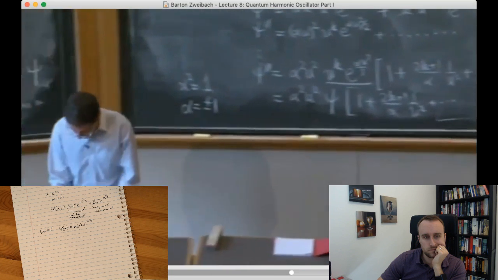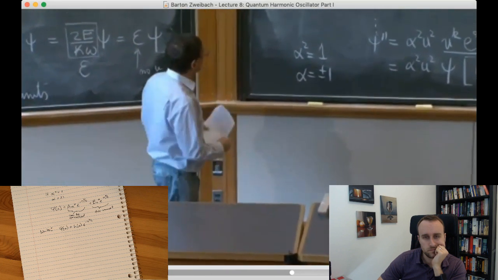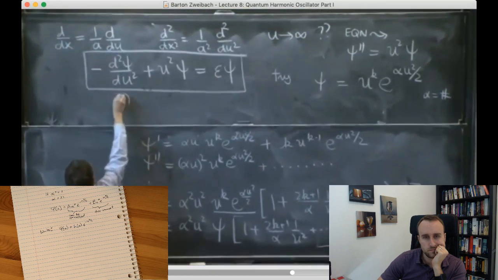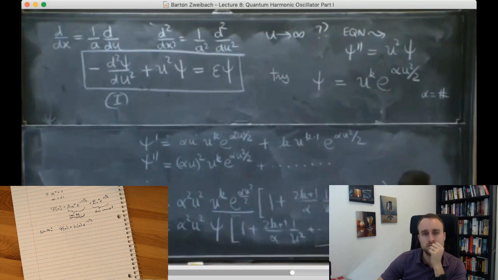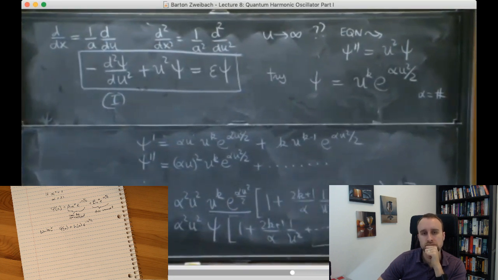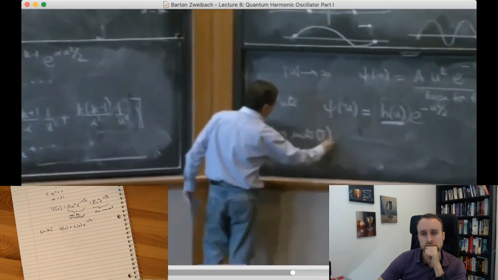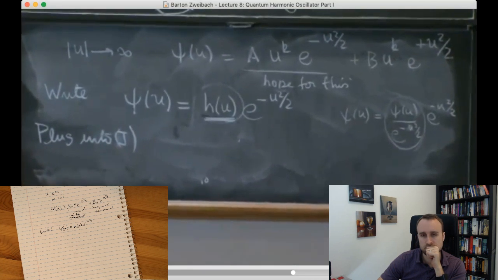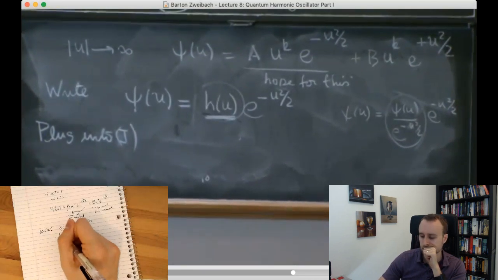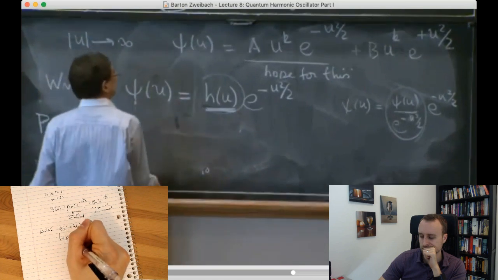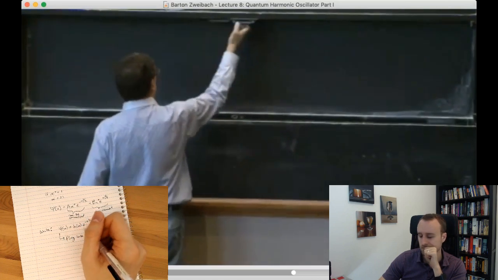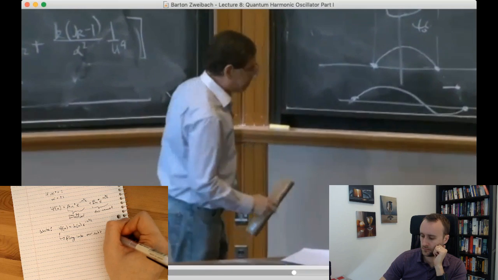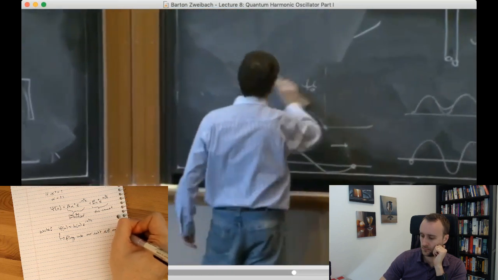Well, here again, this is not difficult. You're supposed to plug into equation 1. I won't do it. It's 3 lines of algebra to plug into 1 and calculate the equation for h of u. You should do it. It's the kind of thing that one should do at least once. It's 3-4 lines, not long.